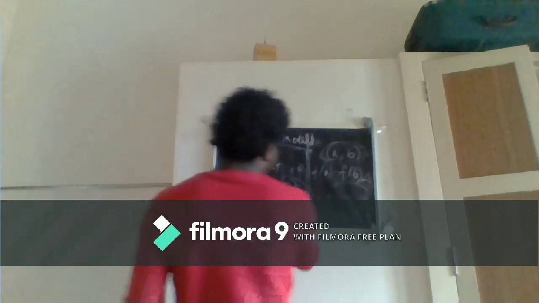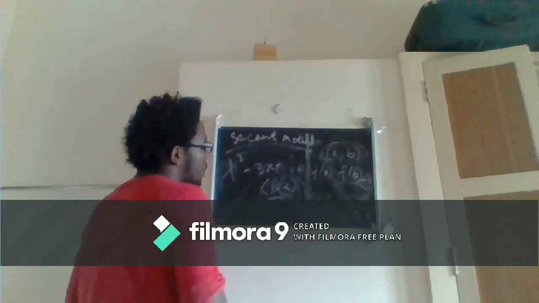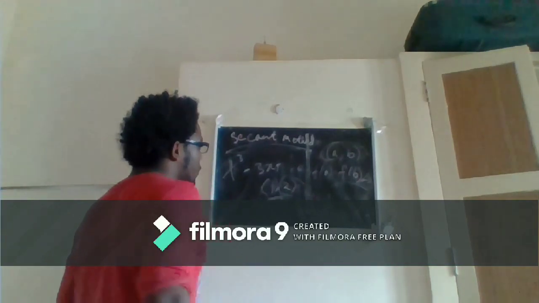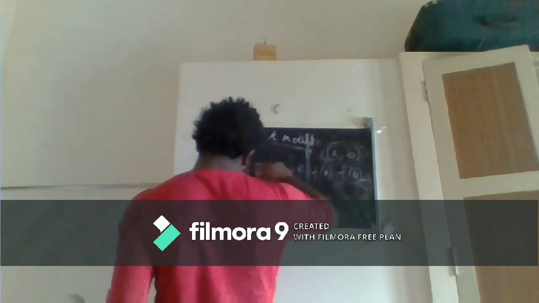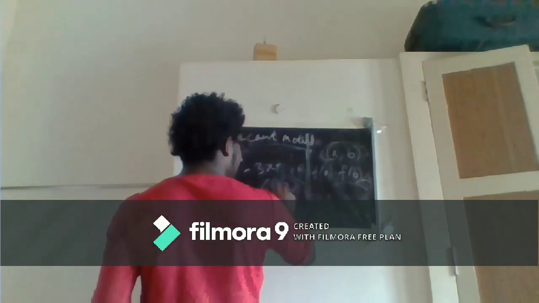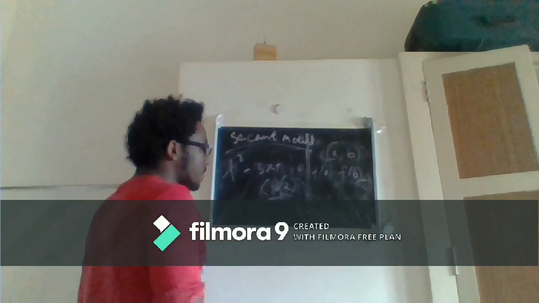Here the given points are 1 and 2, so let us check whether f of 1 times f of 2 is negative or not.